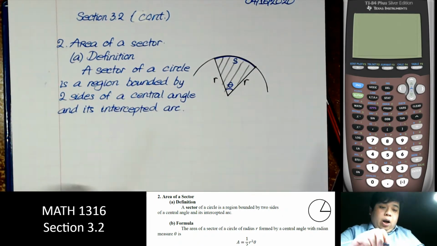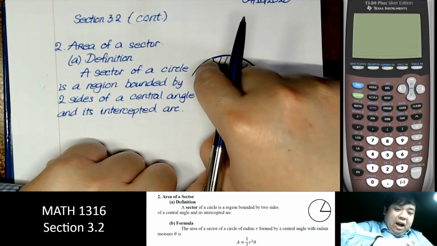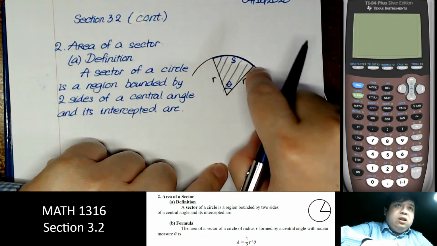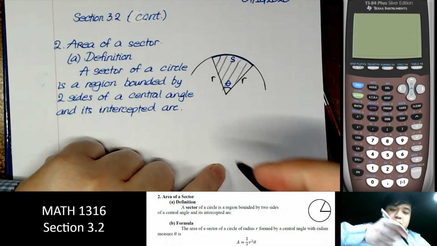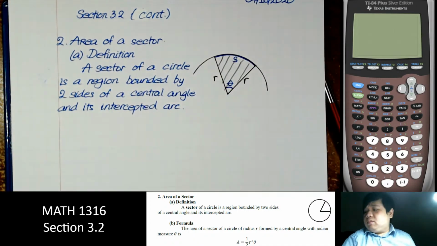So we have a central angle formed by two radii and then the arc. That is a sector bounded by two radii and an arc.